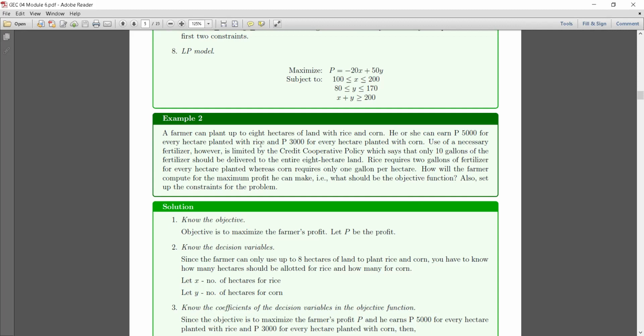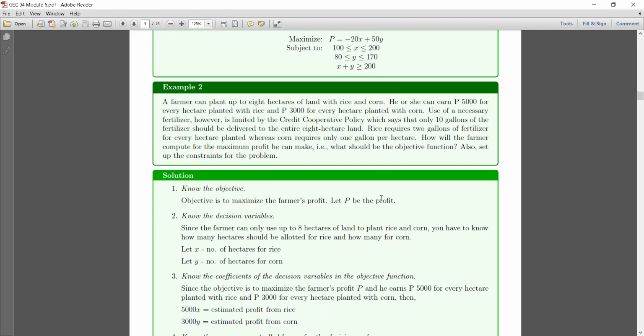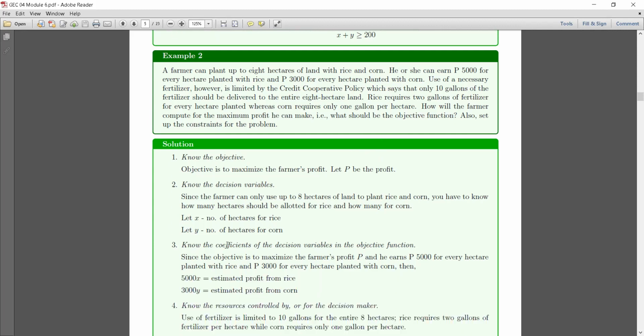So for rice, yung every hectare ng rice ay 5,000 yung profit natin, and for every hectare ng corn, 3,000. So kung ilalagay natin na X yung rice at Y yung corn, meron tayong 5,000 X tapos 3,000 Y na profit. So yung objective function natin is P equals 5,000 X plus 3,000 Y.